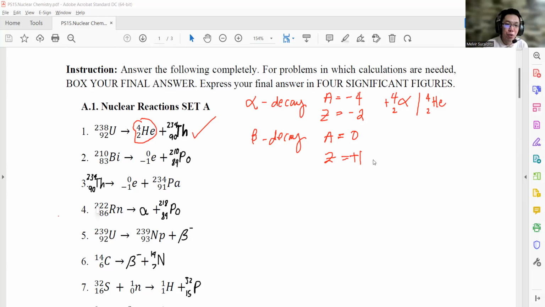Yun nga lang hindi siya ganun ka nakikita, no? So kapag beta decay, you're actually releasing an electron and then ang neutron mo ay nagiging proton. Tama ba ako pag beta decay? Neutron mo magiging proton, right?